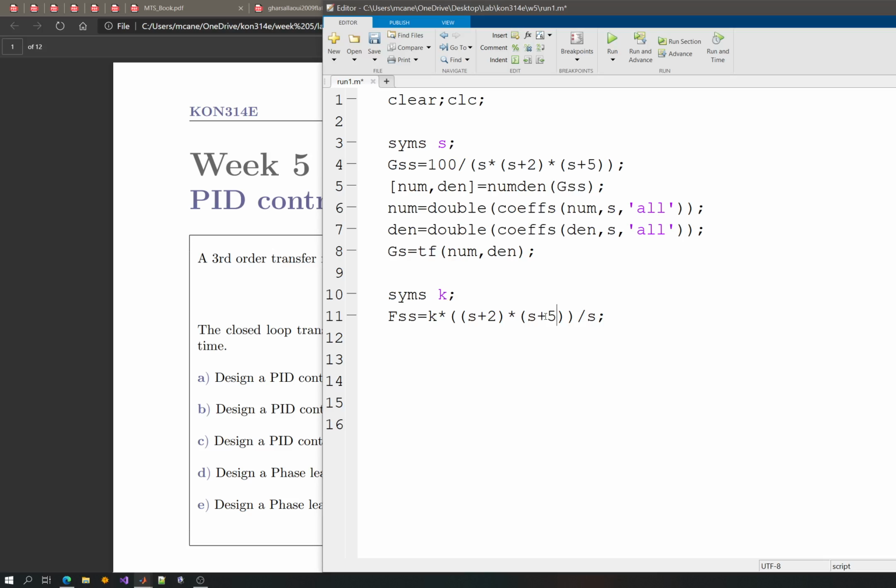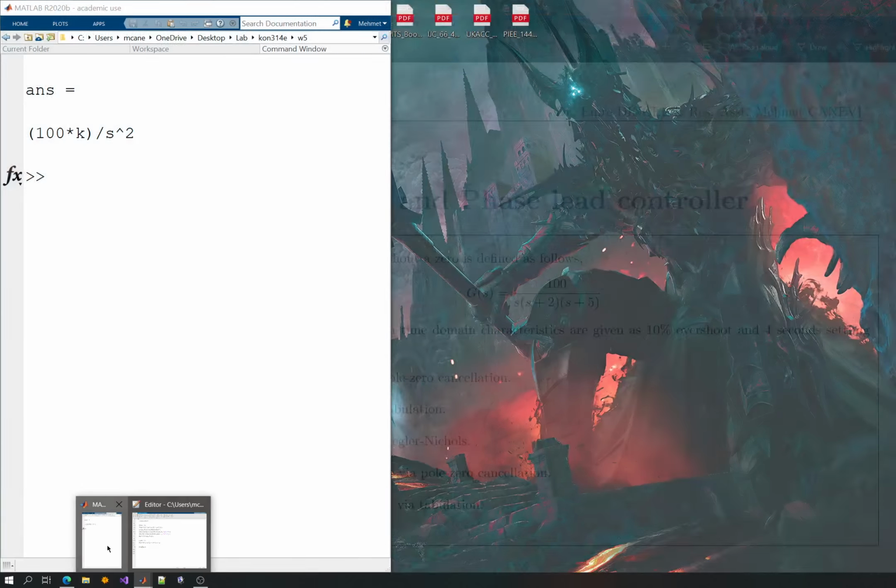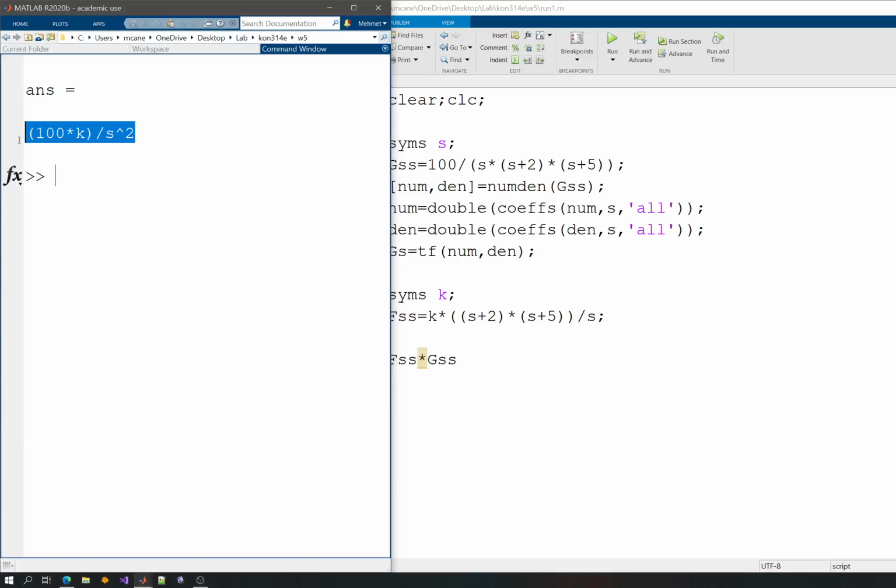And basically, getting rid of S plus 2 and S plus 5 will give me a nice result here. I will see what it will show me in a second. And it should be pretty nice. You can see that it's 100k divided by S squared.